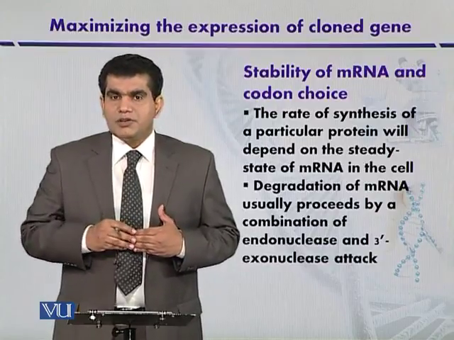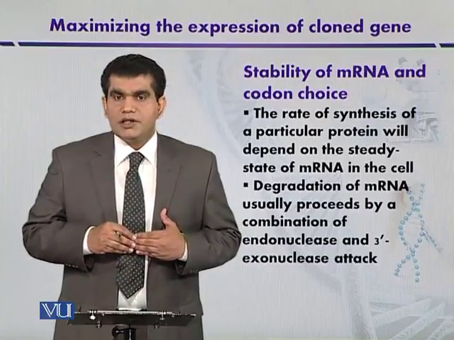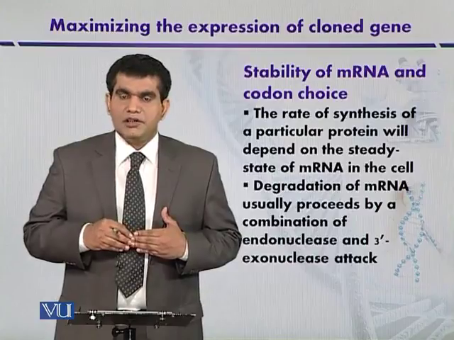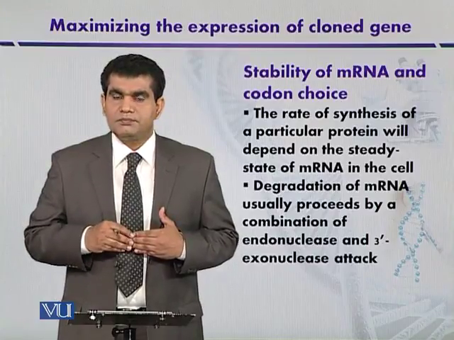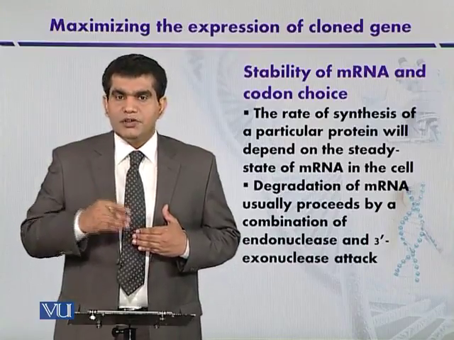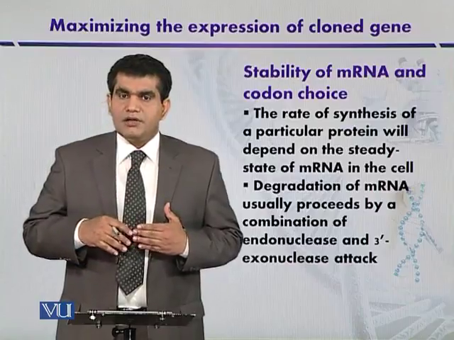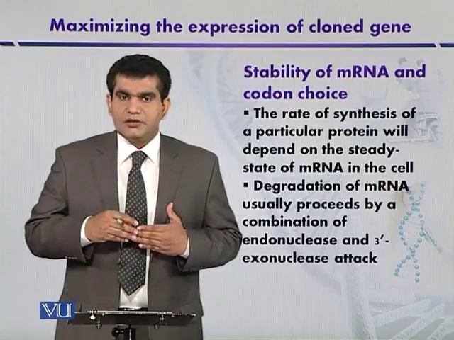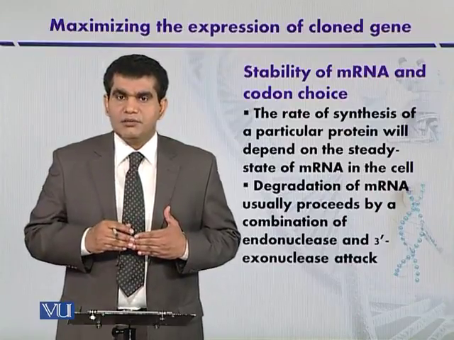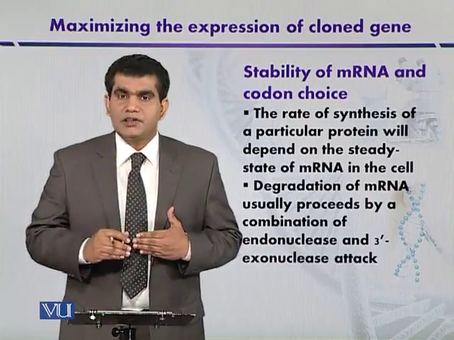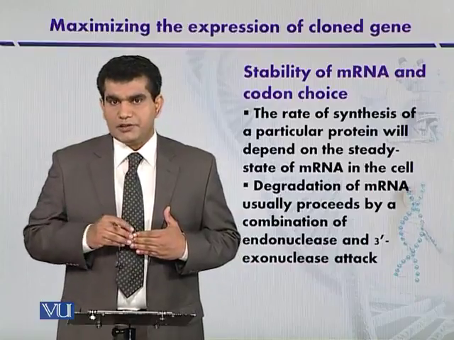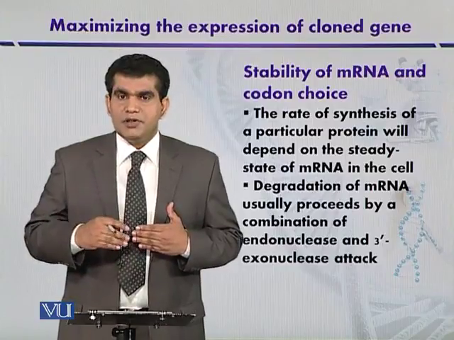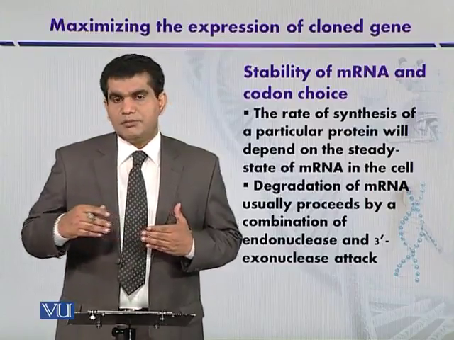These two enzymes are important in the degradation of messenger RNA in the living system. They can act on the messenger RNA and degrade it. But if messenger RNA has secondary structure at the 3' end, then the degradation may be impeded or slowed down.